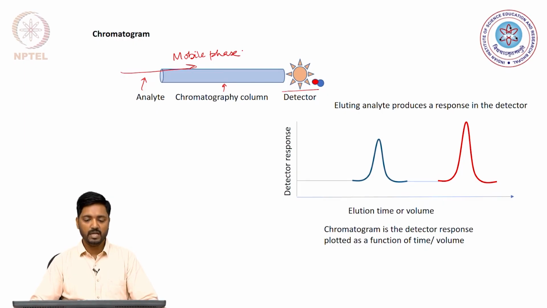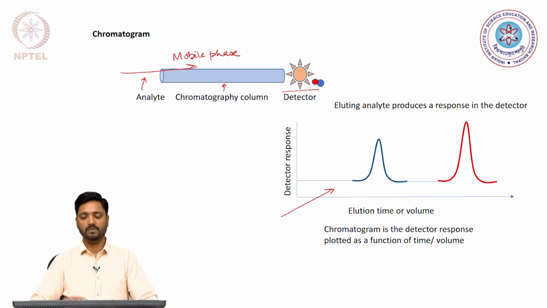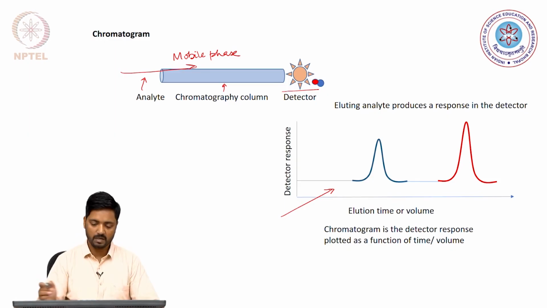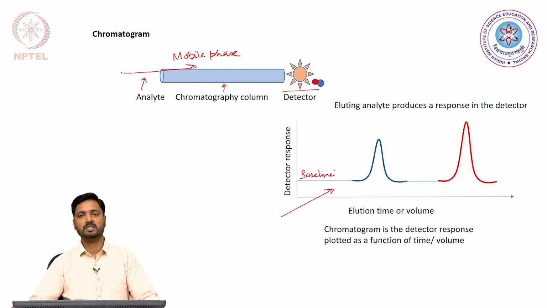So, if we look at the detector response with respect to the elution time, we will find a profile which is shown at the bottom. We will see that the detector response will be what is known as a baseline at the beginning, where only the mobile phase is contributing to the minimal signal that may be generated. Usually the baseline is set to 0.